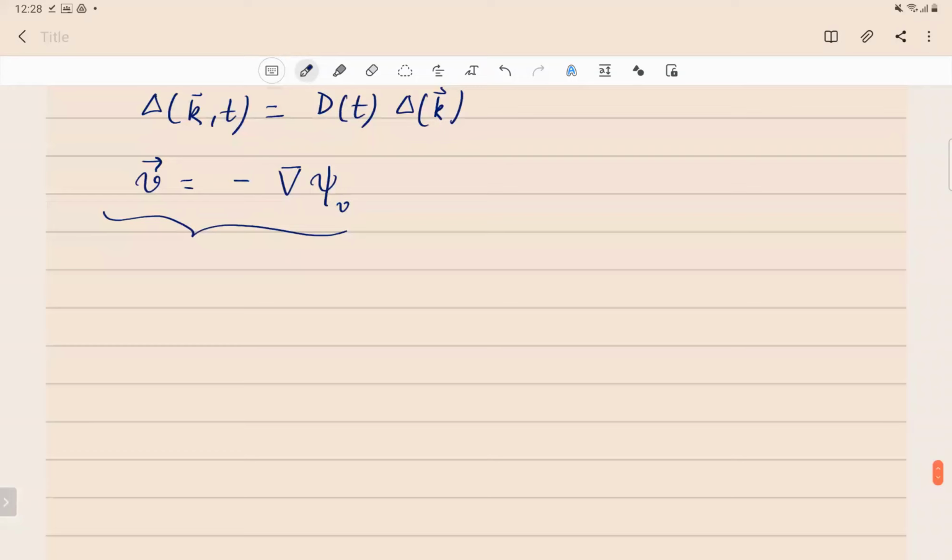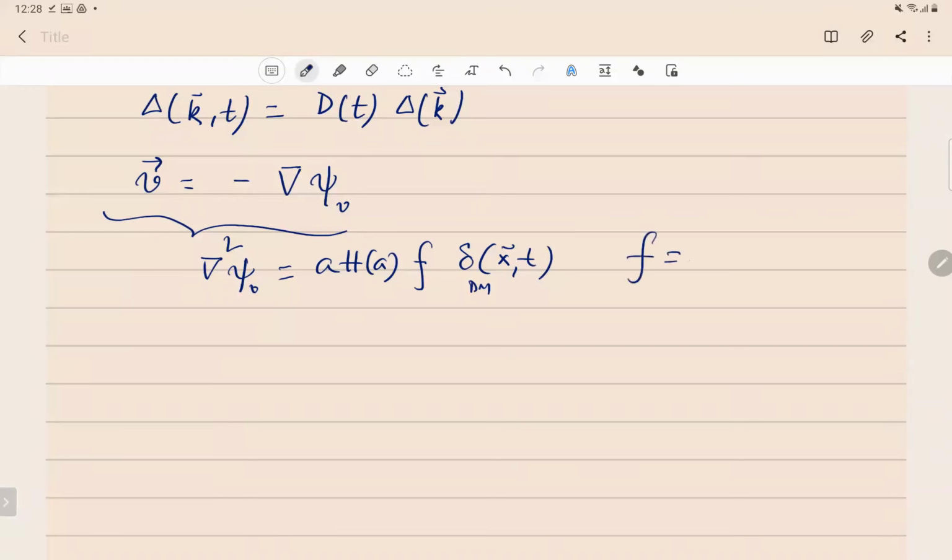We also saw that you can write a Poisson equation for this: del squared psi, which we saw in the last class, was given as a H(a) f times delta(x, t). This was dark matter. This f, if you remember, we defined as d log D by d log a. And we want to write down a Fourier transform of this.